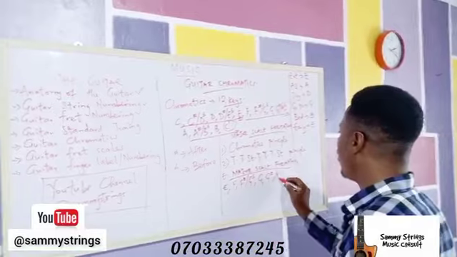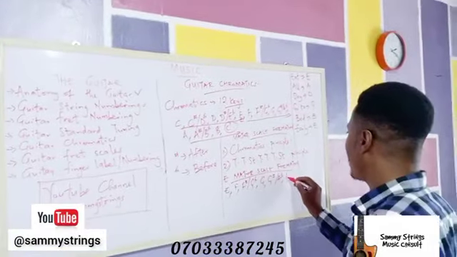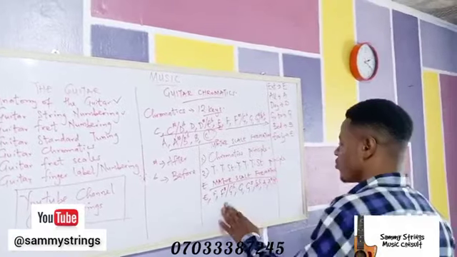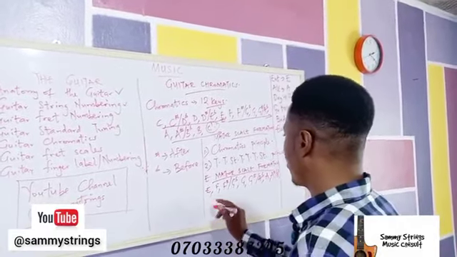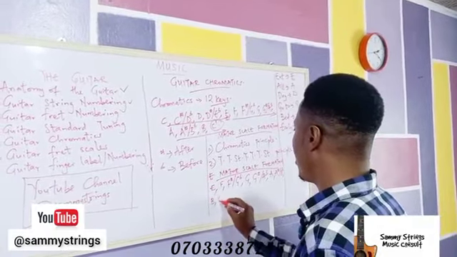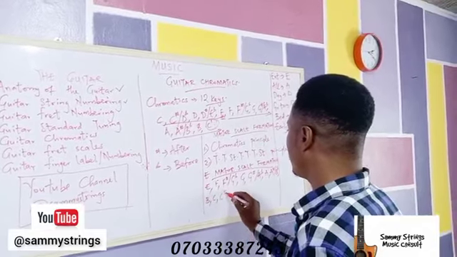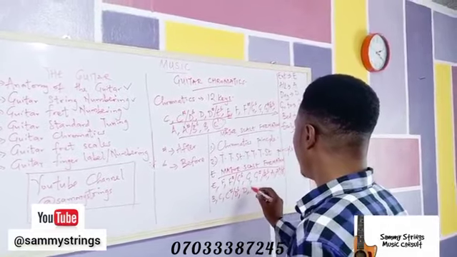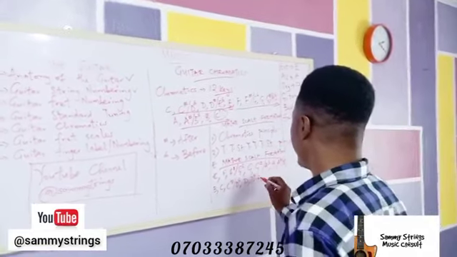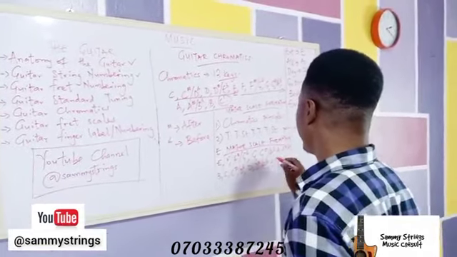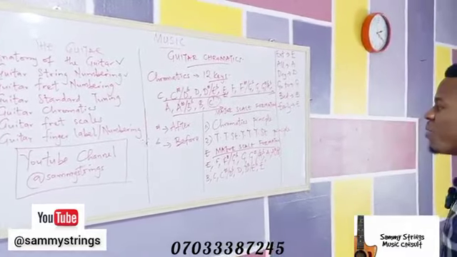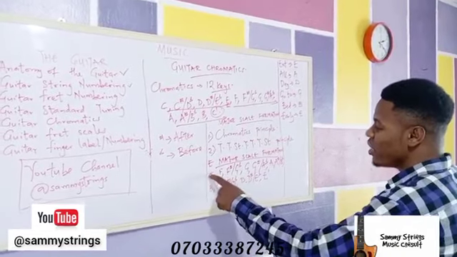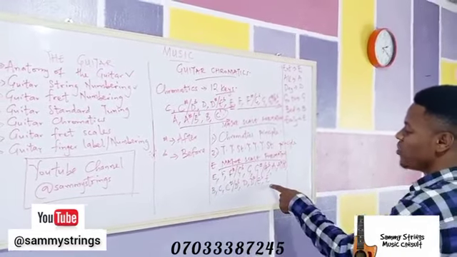I have A, I have A sharp or B flat. I have B, I have C, I have C sharp or D flat. I have D, I have D sharp or E flat, then I have E. So from here, I'm able to bring out my chromatics of E. I started from E and I ended on the same E, forming an octave.